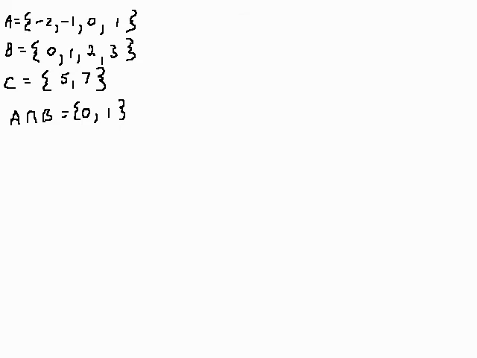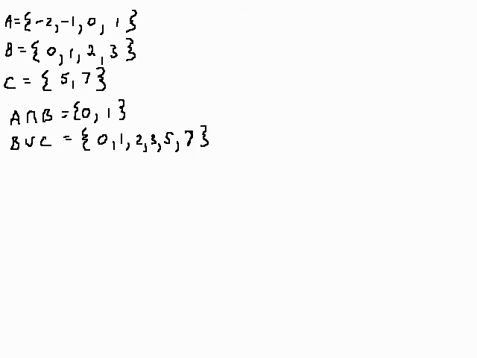What if we said B union C? That would mean combine everything in both B and C together, so that would be the set of numbers 0, 1, 2, 3, 5, and 7.